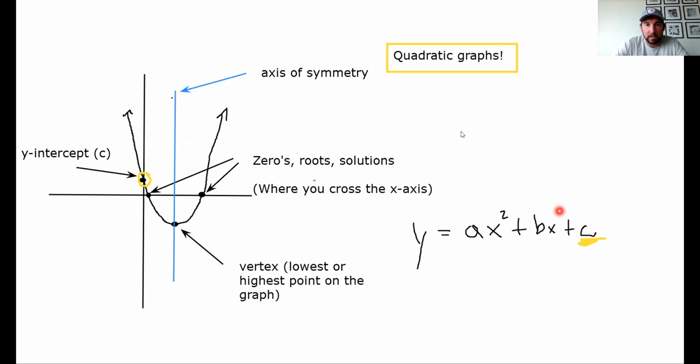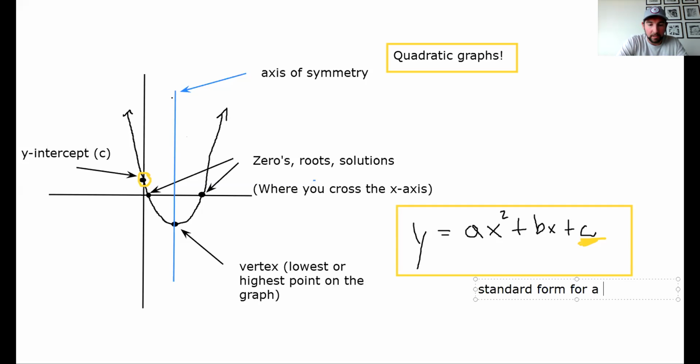And this right here is called the standard form for a quadratic. So these are all the different parts of a quadratic that we would need to identify.